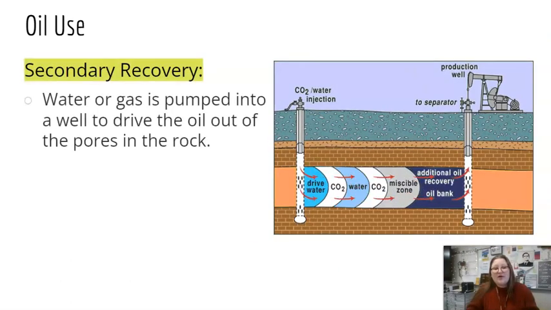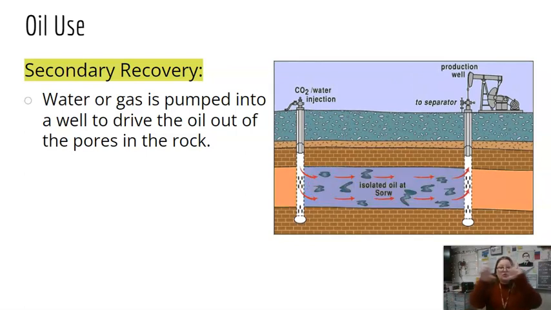In secondary recovery, water or gas is pumped into a well to drive the oil out of the pores of the rock. Because remember, we have that impermeable rock layer that we're drilling through. That's this right here.